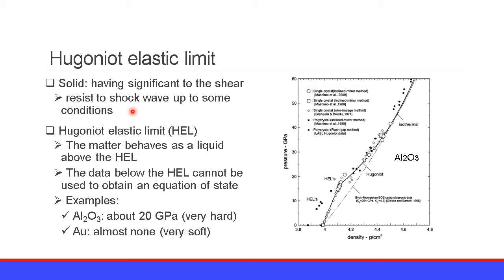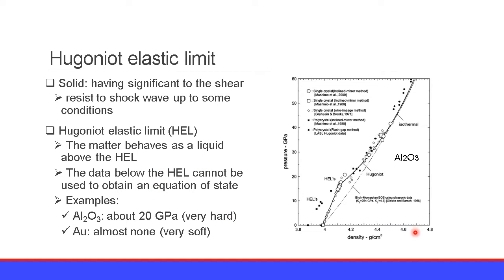Solids have a significant resistance to shear. So, as a result, the solid resists the shock wave up to some conditions. Hugoniot elastic limit is the condition above which the matter behaves as a liquid.